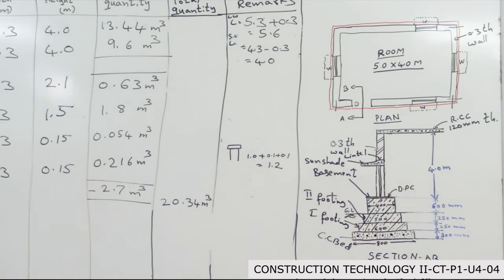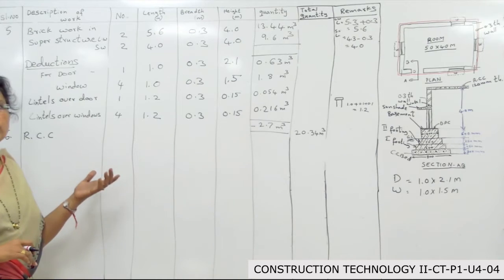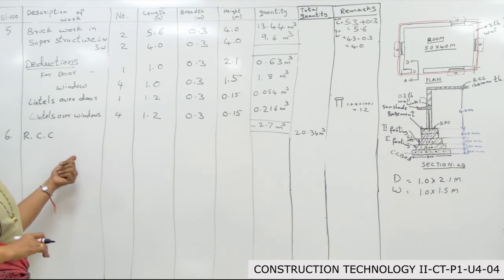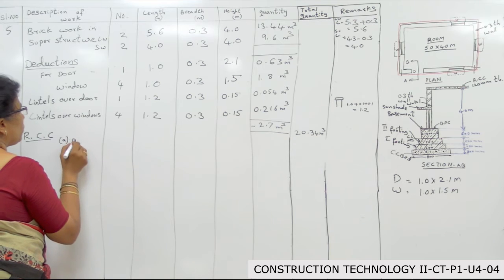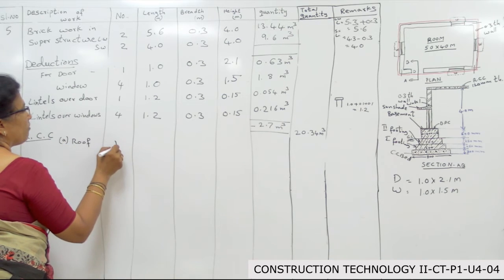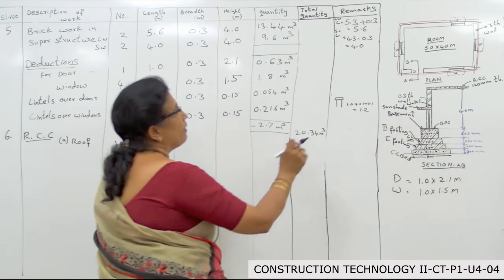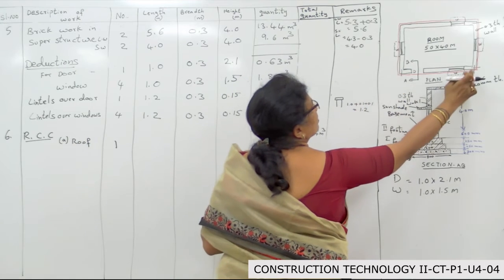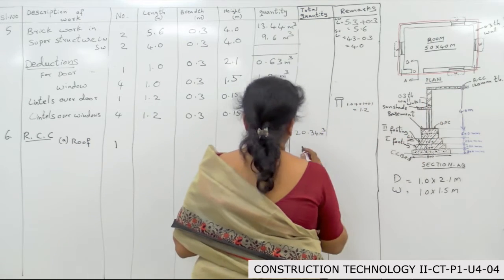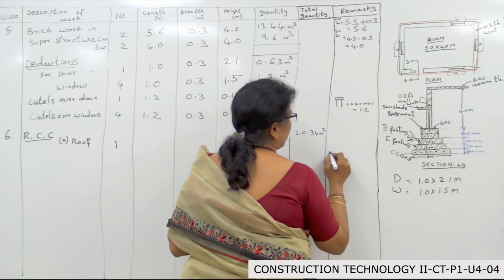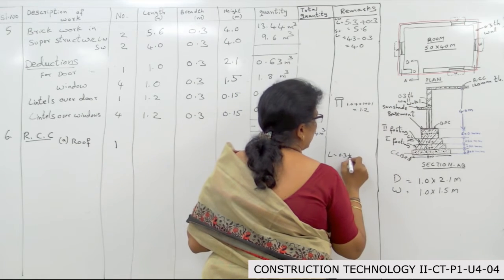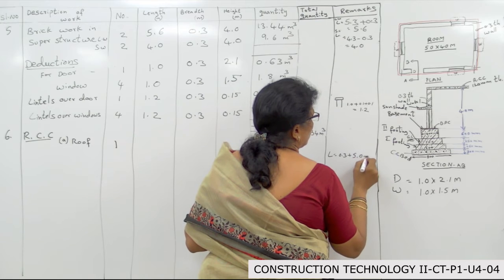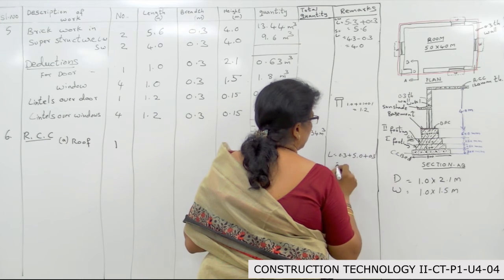Next is RCC. RCC means reinforced cement concrete. The material is used here for roof, lintel and sunshade. So you need to calculate the quantities of 3 items: roof, lintel and sunshade. RCC. A. Roof, say 1 number, and you will take the total length from here to here.